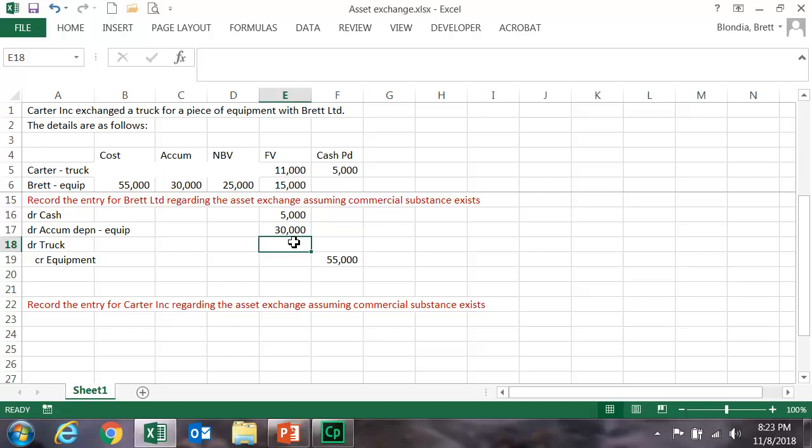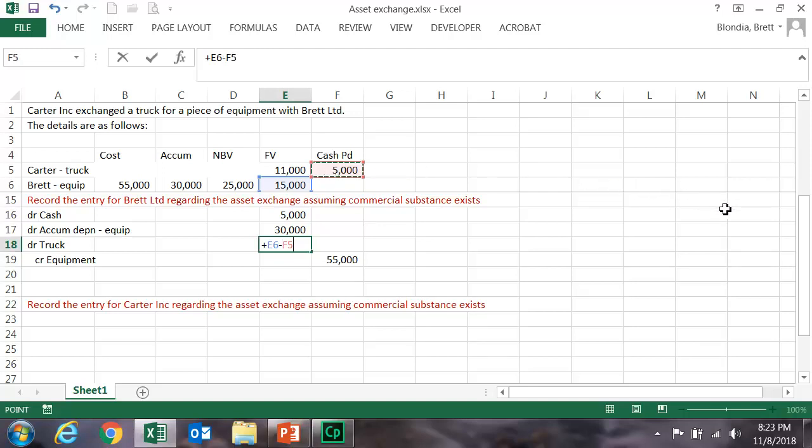Now, fair value of what we gave up is calculated by taking the fair value of the asset plus or minus cash. From Brett Limited's perspective, they gave up a piece of equipment that had a fair value of $15,000, but they received back cash of $5,000.